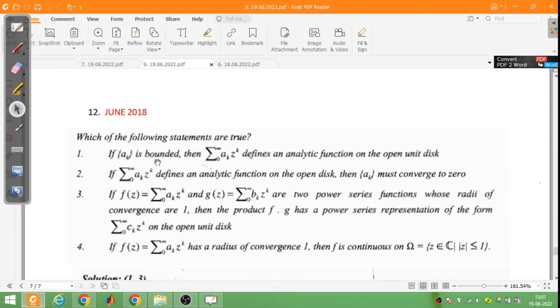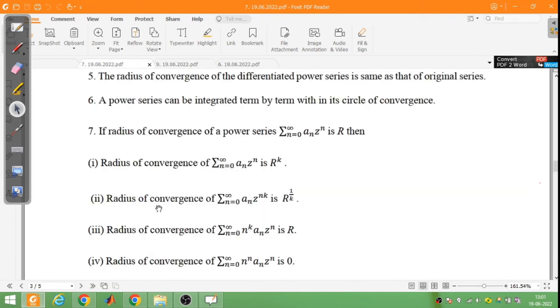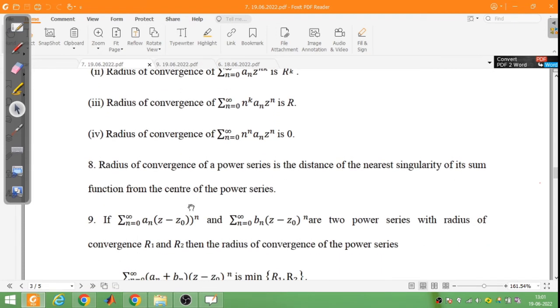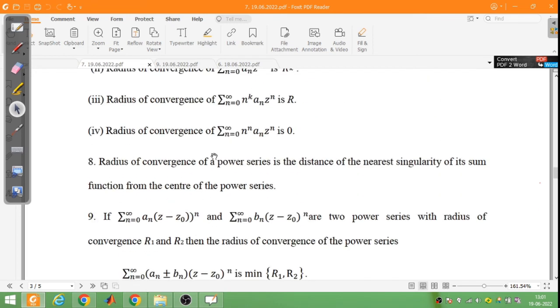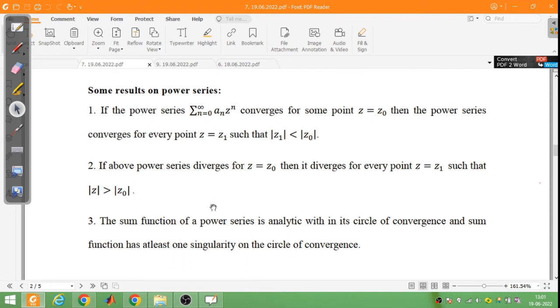If a_k is bounded, then the sum from k = 0 to infinity of a_k z^k defines an analytic function on the open disk. Is it correct or not? Where did I give the bounded function?